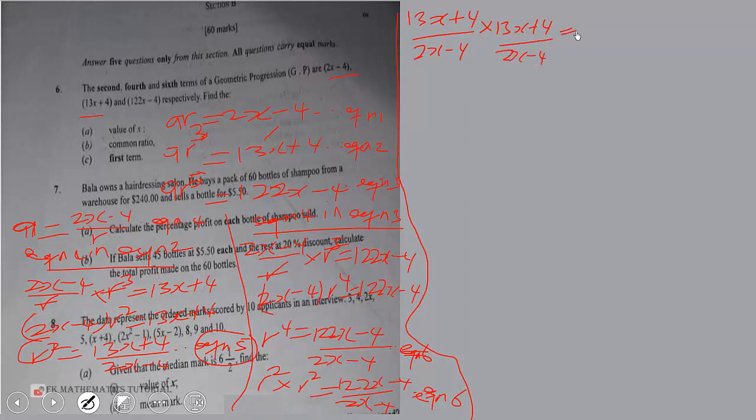is equal to 122x minus 4 over 2x minus 4.